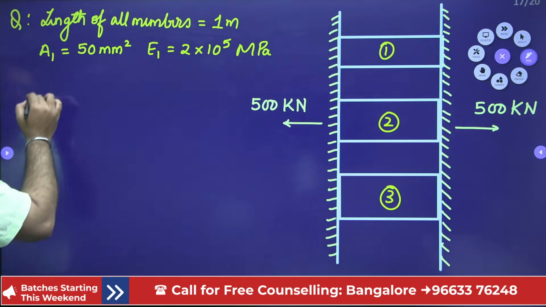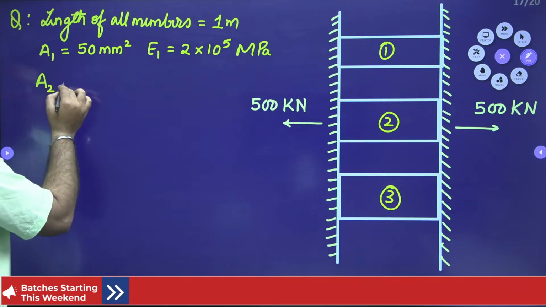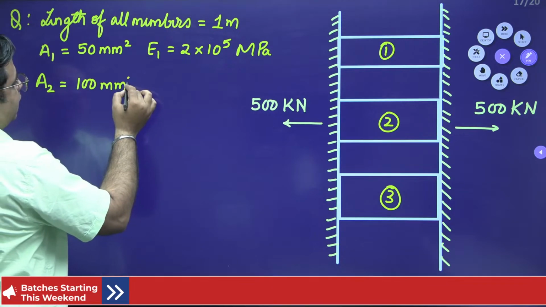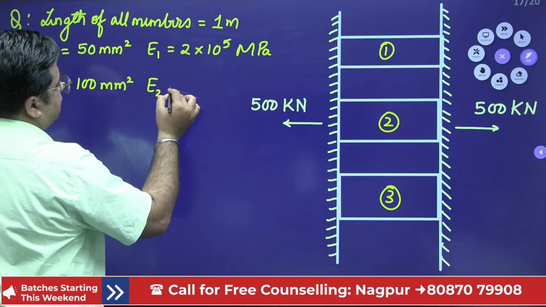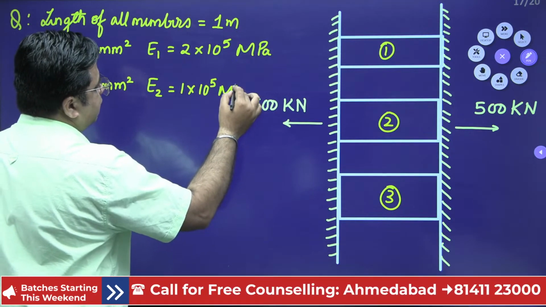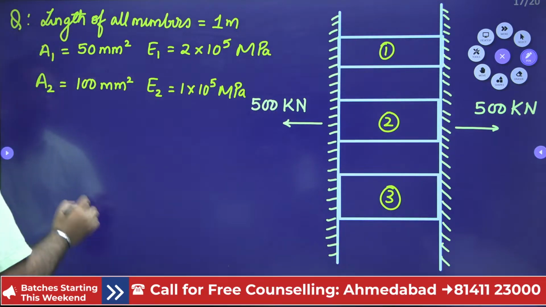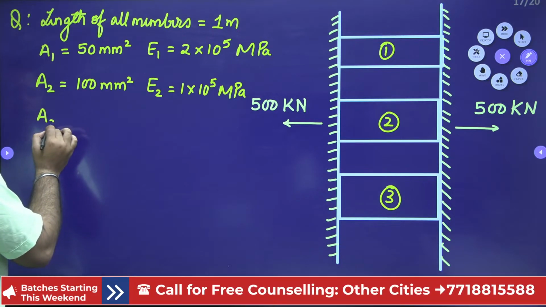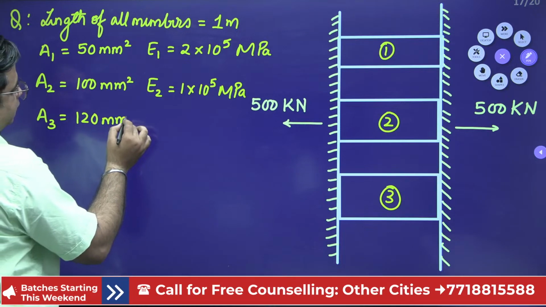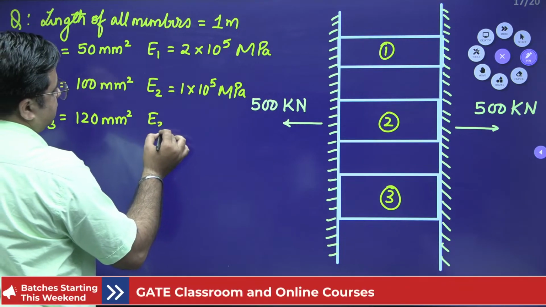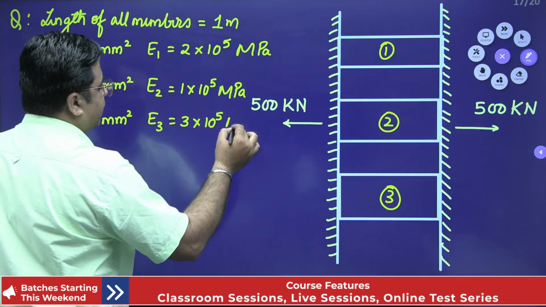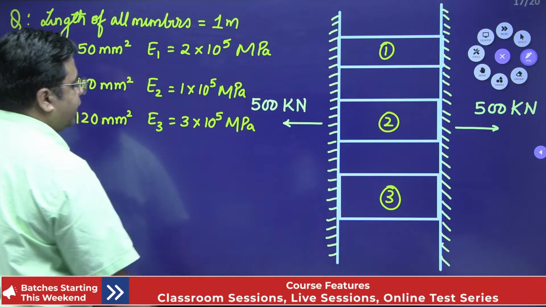For A2, area is 100 mm square and E2 is 1 into 10 raised power 5 megapascal. For A3, area is 120 mm square and E3 is 3 into 10 raised power 5 megapascal. Right?